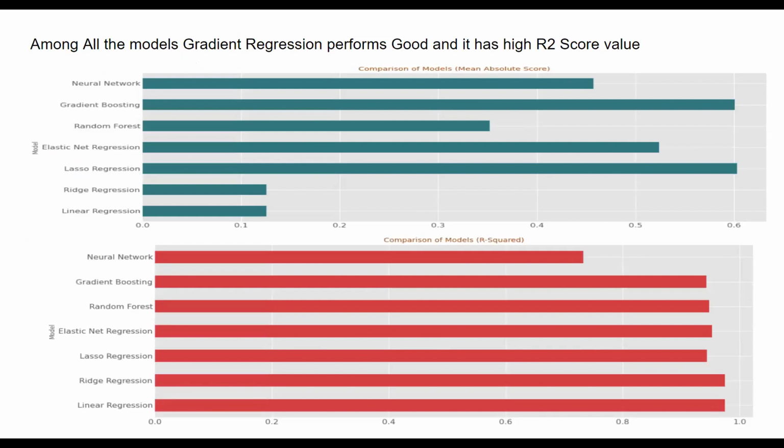As I said, after implementing all models, I got that gradient boosting is high. Ridge regression performs better than that. As we see in the R squared value, it clearly shows ridge regression is very high.